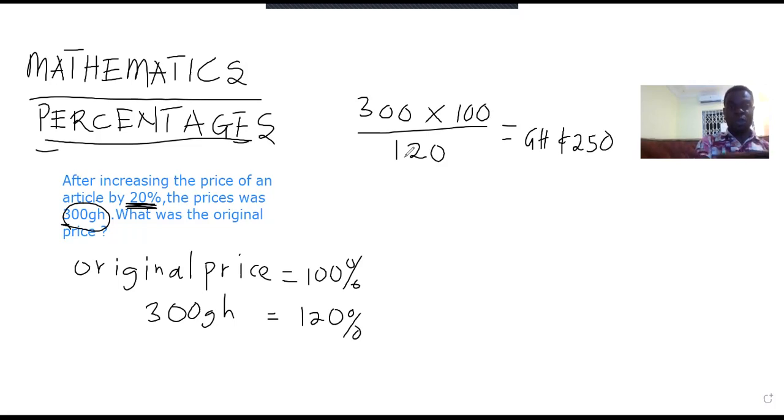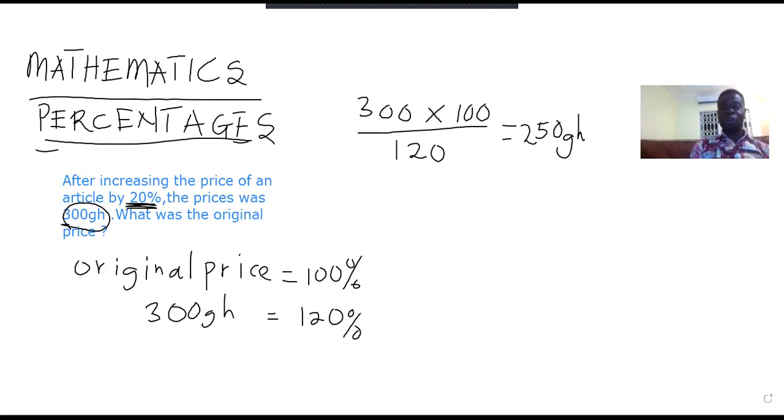Let me use GH because that's the unit I'm using. That will give you 250 GH. So you realize that the original price is less than the new price.